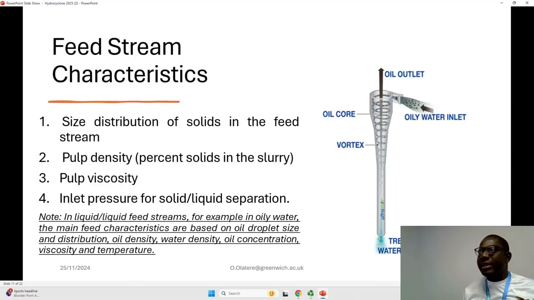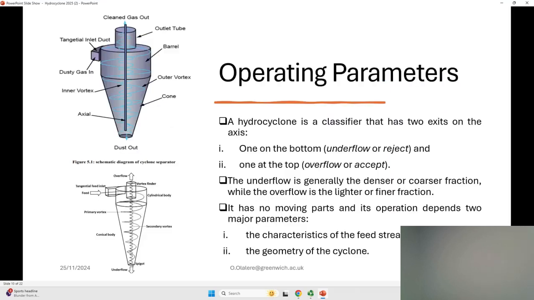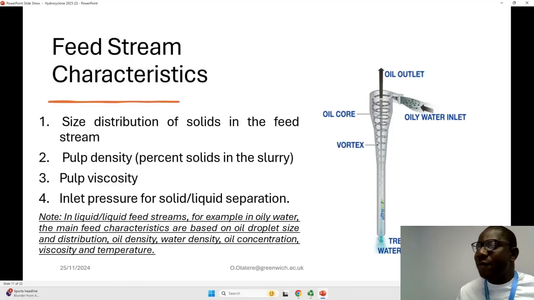Now, what are the different feed characteristics? We said the parameters could be based on the feed stream, and could be based on the construction of our cyclone, that's the geometry, right? But based on the feed stream, we have the size distribution of solid in the feed stream.